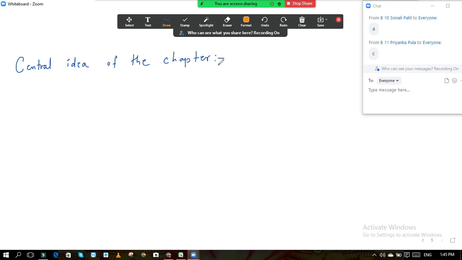In this chapter, as I have already told you, we are going to discuss the design of isolated square and rectangular footings.